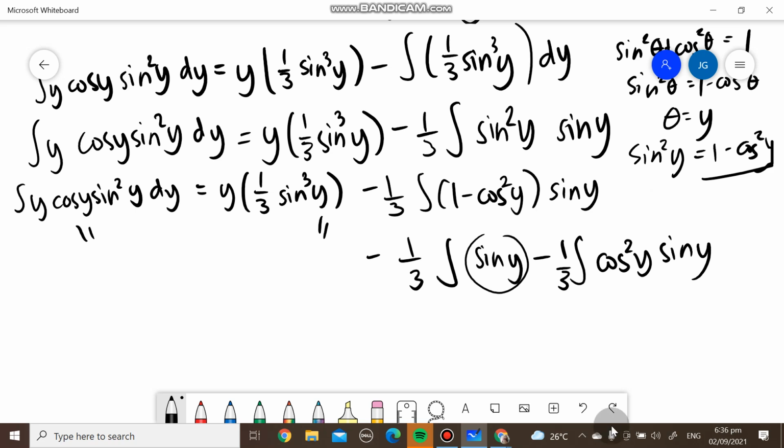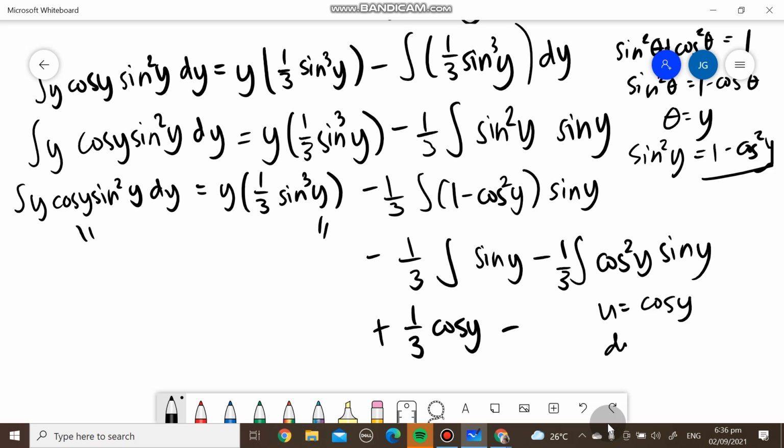Ito, integrable na siya. The integral of sine y is negative cosine, so magiging positive siya. We will have positive 1/3 cosine y. And in this part, we set u as cosine y, du is equals to negative sine y pala.